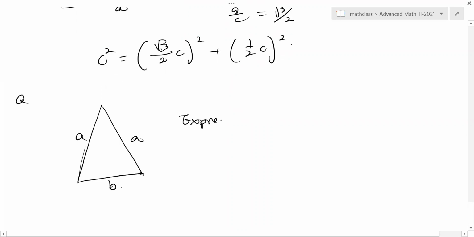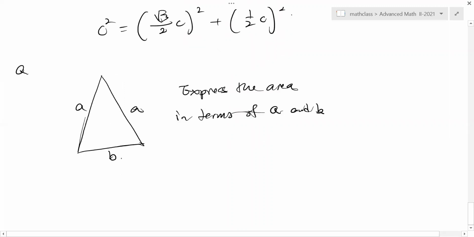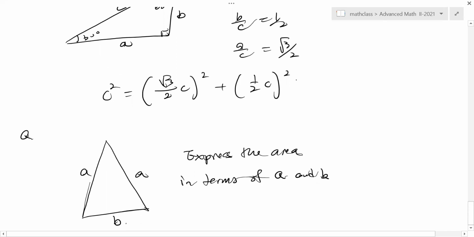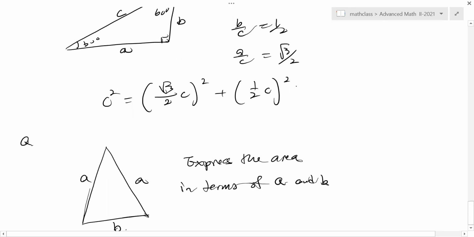Can you express the area in terms of A and B? So you're trying to find the general formula. So you express the area of this triangle in terms of A and B. Okay, what are you going to do?